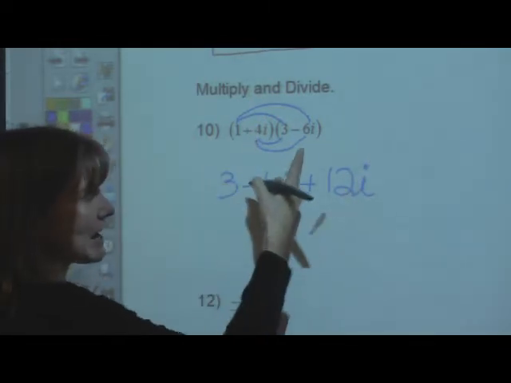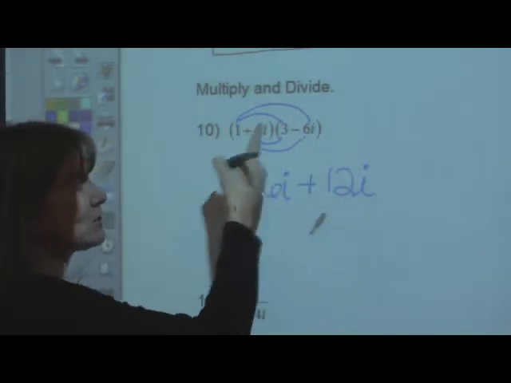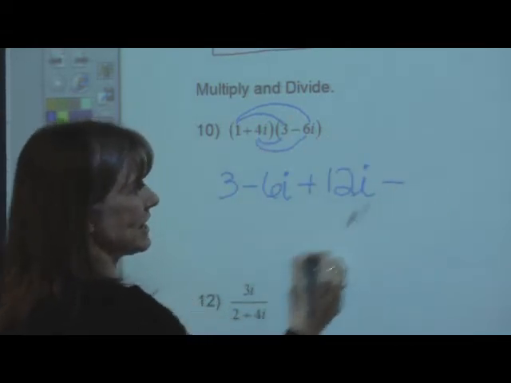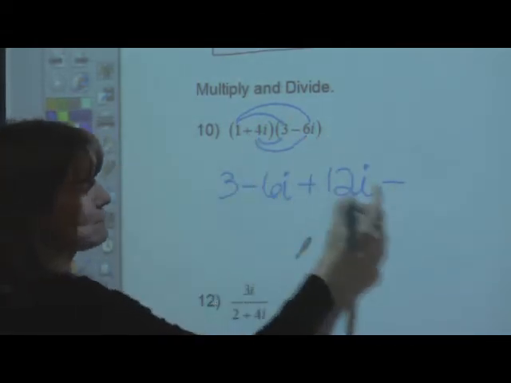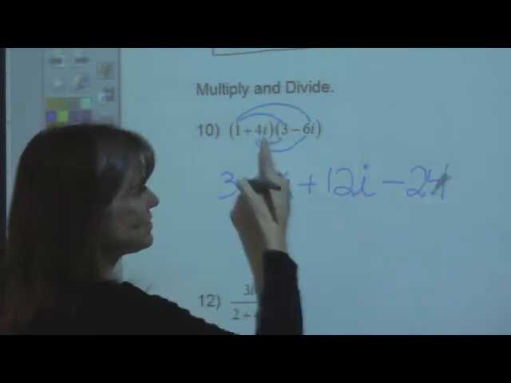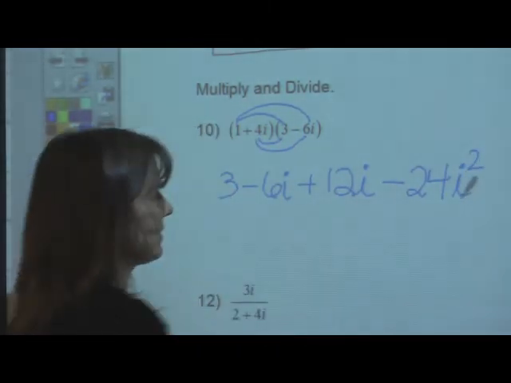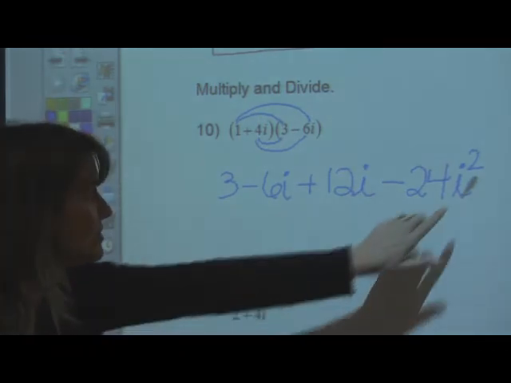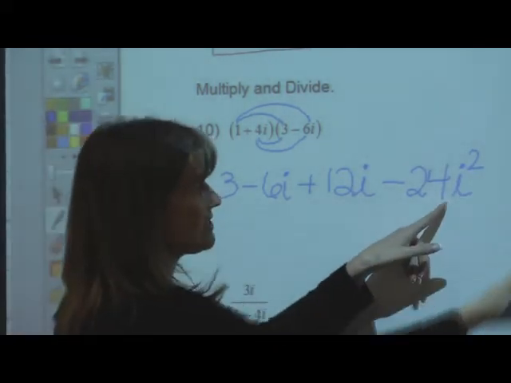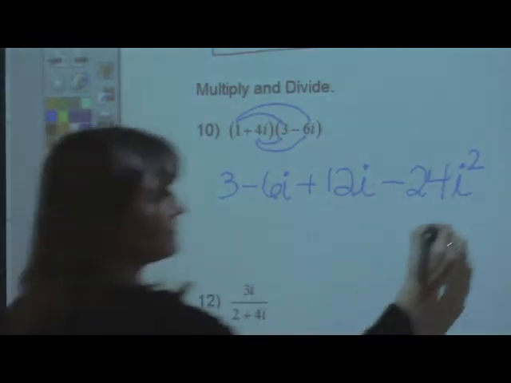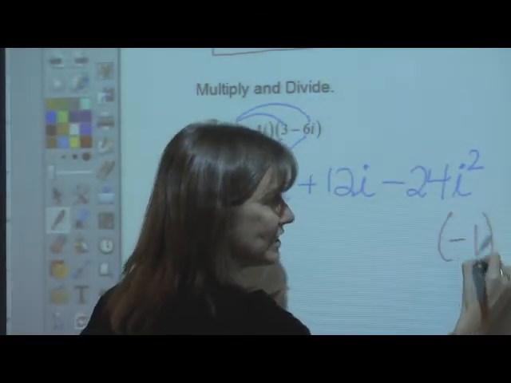And 4i times negative 6i, so a positive times a negative is a negative. 4 times 6 is 24. And don't forget, I times I is I squared. Now hang on, time out. Do you see this I squared? I squared is secret code for the number -1.